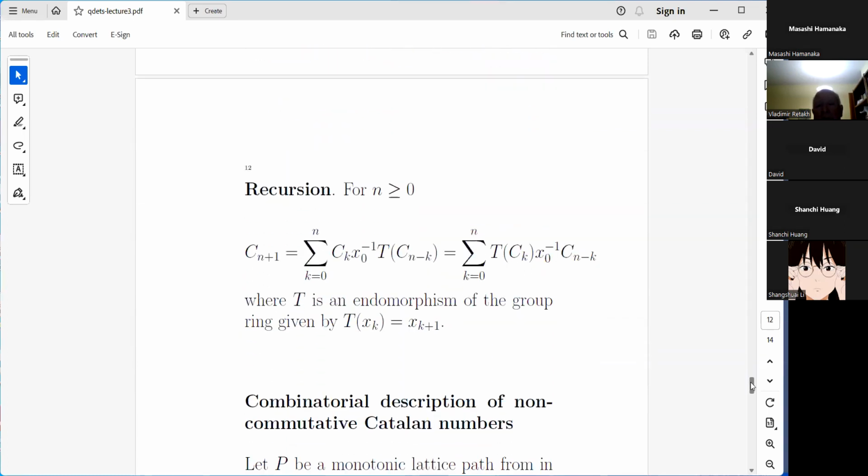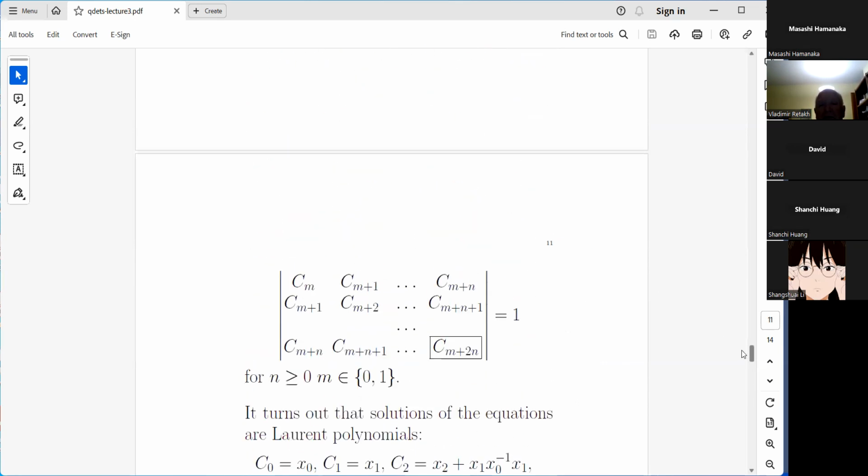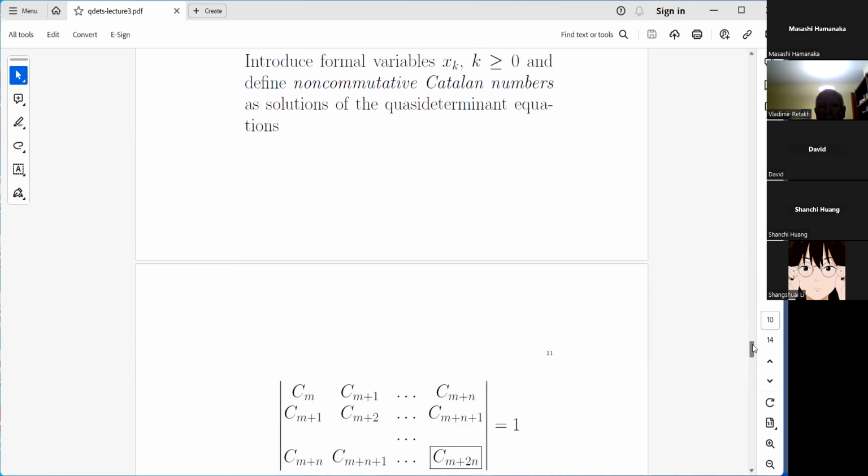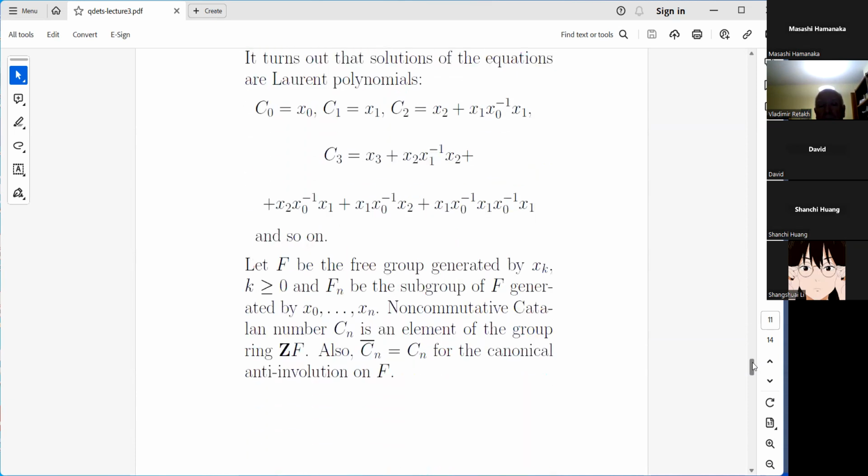Then I can write a recursive relation generalizing things that I have in the commutative case. Here they are, and let's try to do this in the non-commutative setting.